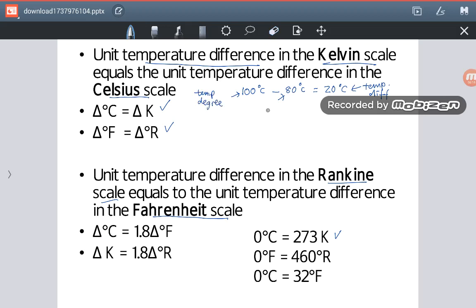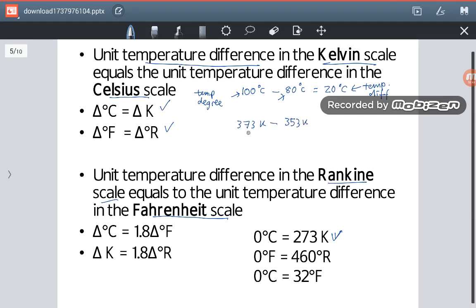If we want to change this degree Celsius, let's say to Kelvin, so 100 we need to plus, according to this equation, we need to plus 273, which is going to be 373 Kelvin, and 80 if you were to plus 273 is going to be 353 Kelvin.